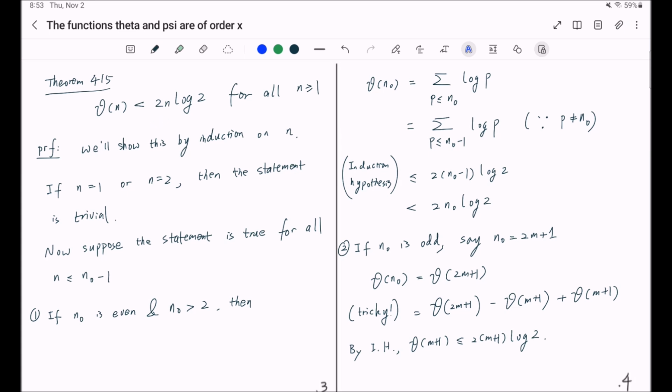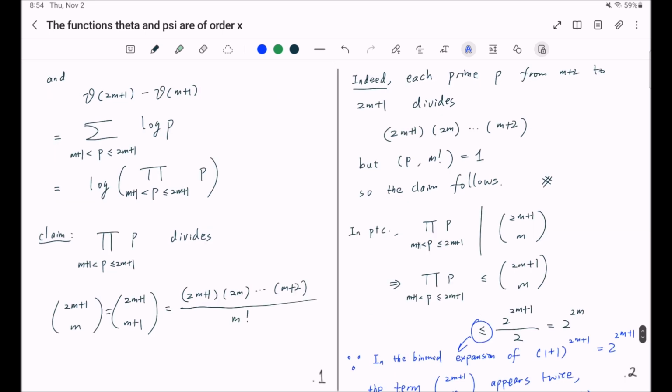The proof is a bit tricky. First, we use induction on n, and it divided into two cases based on whether the number is even or odd. The even case is relatively easier, but the odd part is quite involved. We use this separation trick and try to find an upper bound for this product, the product of prime numbers.